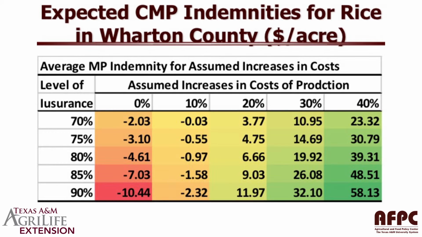Wharton County, the average expected net indemnity at the 70% level is minus $2.03. So it's just slightly less than what the premium is. If costs got out of line 40%, you'd have net indemnity on the average of $23.32 an acre.